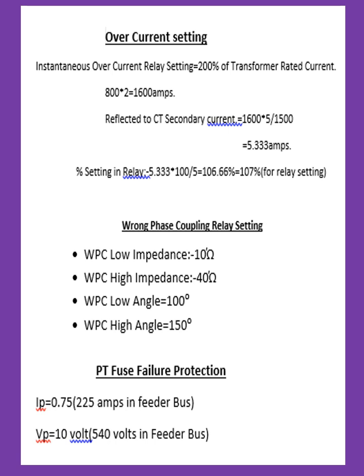Simply keep it in the Alinth relay, so it will work. Then PT fuse failure protection: IP is equal to 0.75, 225 amperes in feeder bus; VP is equal to 10 volt in the feeder bus. These two settings you give, it will act.